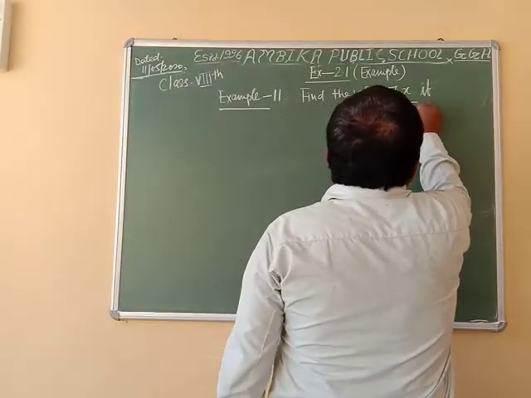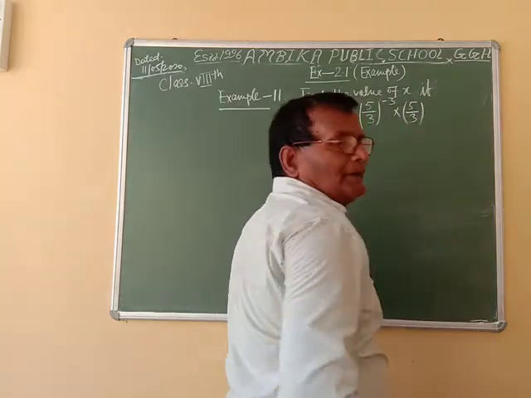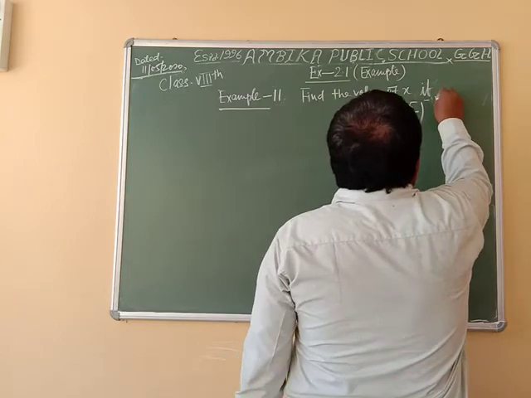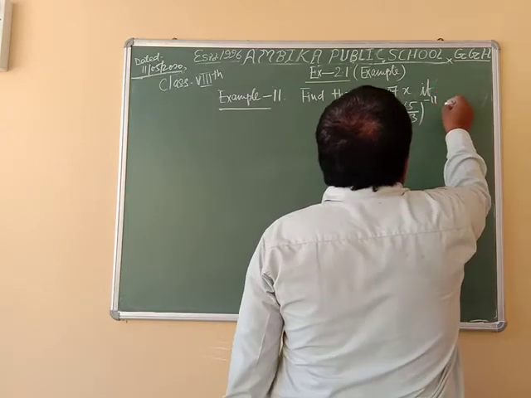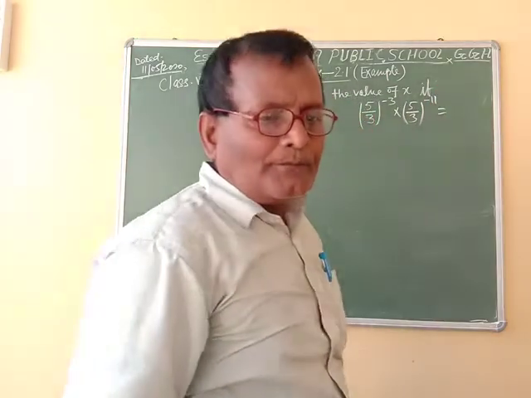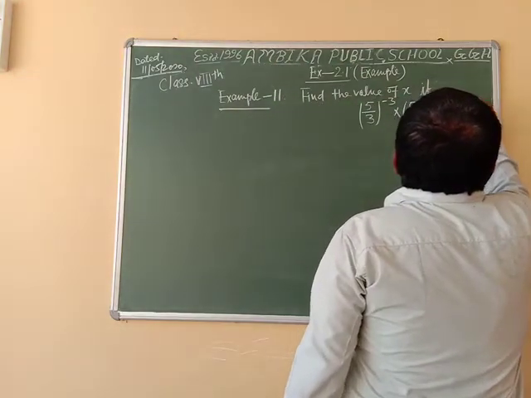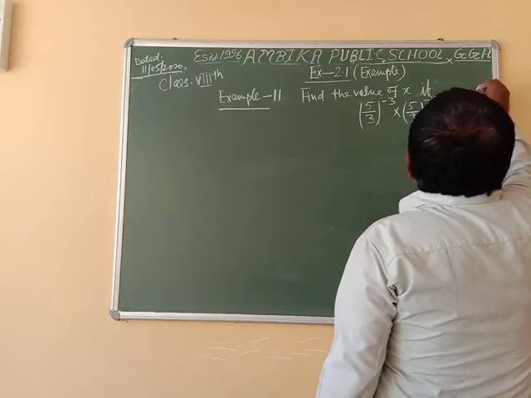(5/3)^(-3) times (5/3)^(-11) is equal to (5/3)^(8x).